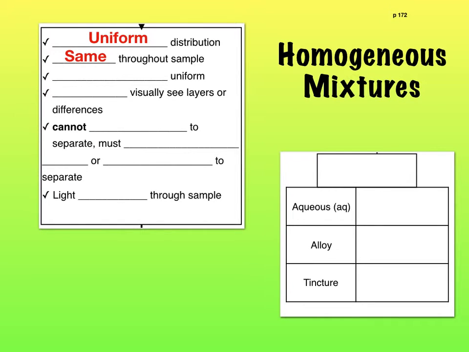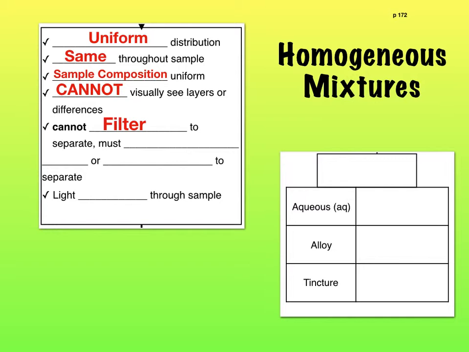And if the sample looks the same throughout, we could say that the sample's composition is uniform. If the composition seems to be uniform, that means that we cannot visually see any layers or differences within the sample.